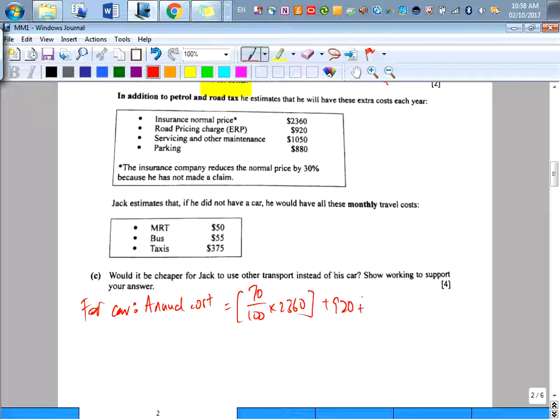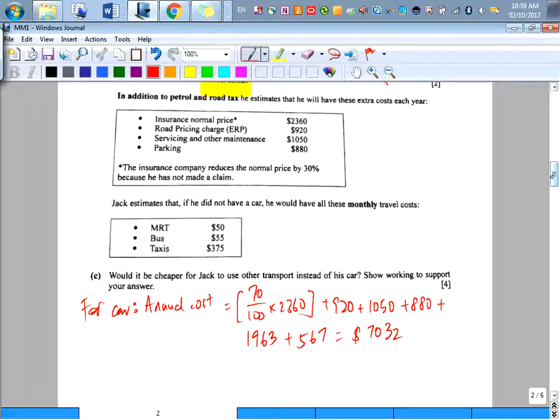Then the other miscellaneous costs, 920 plus 1050, plus earlier on we calculated the amount he had for petrol. So rounded off it was 1963, right? Yep, 1963. And we still need to add the tax, which we also calculated to be 567. This gives us a total of $7,032. This is for the car.